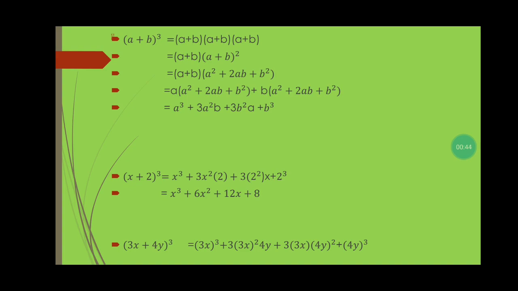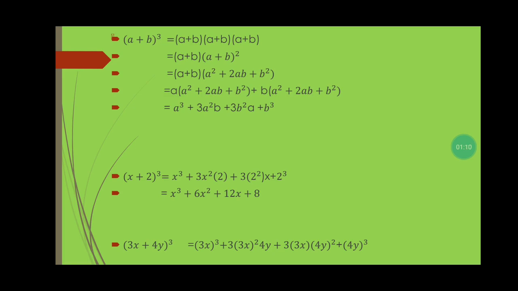Our first problem is (a + b) whole cube. The expansion of it can be written as (a + b) into (a + b) into (a + b). Now (a + b) into (a + b) is (a + b) whole square. Expansion of it will be (a + b) in bracket (a + b) whole square. Now expansion of (a + b) whole square is a square plus 2ab plus b square.